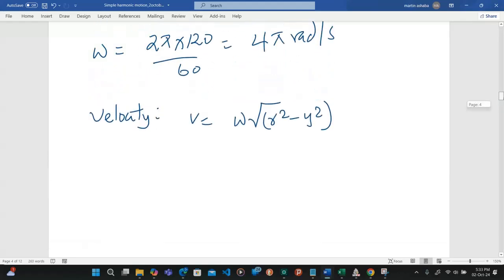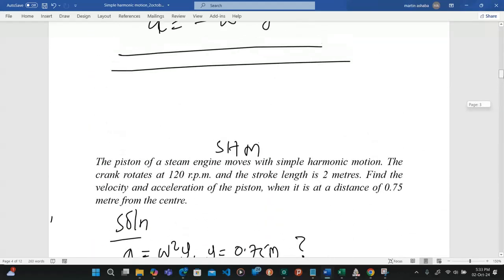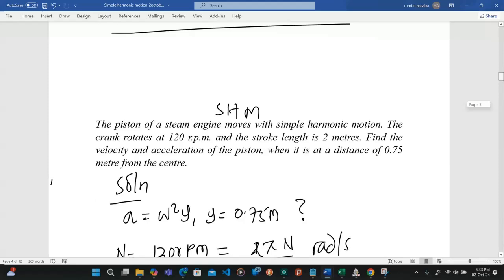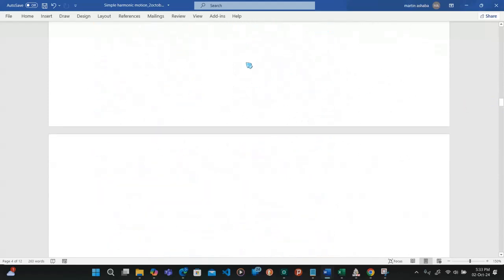The stroke length of an engine is the distance it moves from the bottom dead center to the top dead center. This is the extreme position down, this is the extreme position up, so this is going to be 2r.